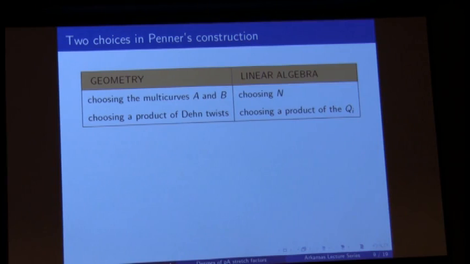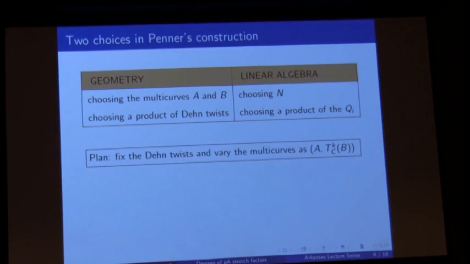So in Penner's construction, we can make two choices. One choice is I can choose the pair of multi-curves. And the other choice is once I have the multi-curves, I can choose the product of Dehn twists in some way. So maybe the convenient choice would be to fix a pair of multi-curves and then vary the Dehn twist product. But we're going to do the opposite.